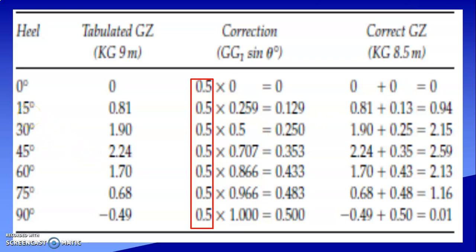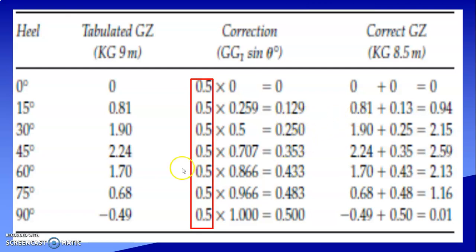Next is 15 degrees heel. The tabulated GC is 0.81, the difference is 0.5, and the GG1 sine theta correction is 0.259. So the product is 0.129.